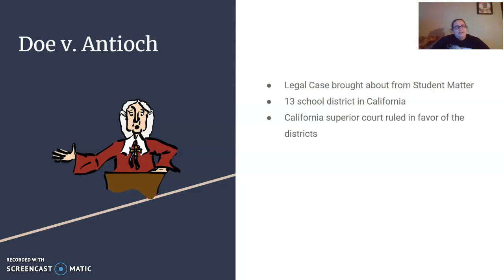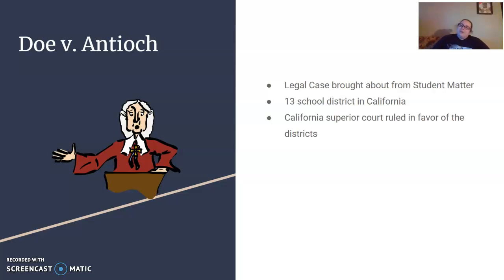The evaluation system, according to what I read for California, uses the evaluation rules from a law from, I believe, 1971, which did not necessarily specify that scores had to be used. And so the advocacy group Student Matters brought this case against these 13 schools in California.